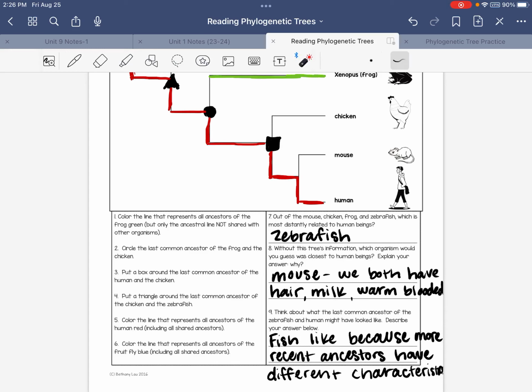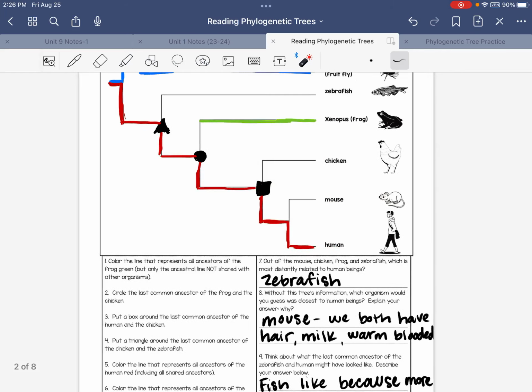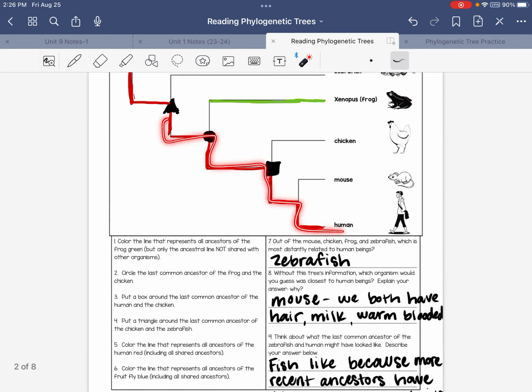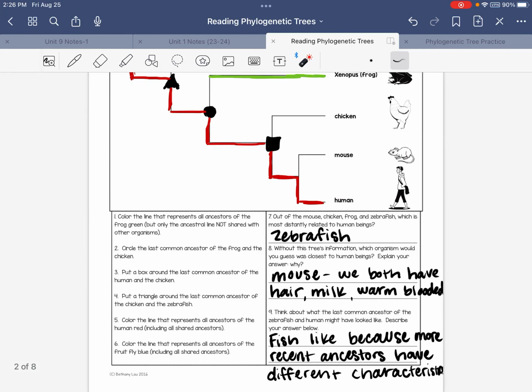Right? So we can see like this common ancestor with our mouse and our human has evolved different characteristics that are unique to just mice and human. Or same with this common ancestor has developed traits that are unique to the chicken and the mouse and the human. So all of these ancestors all along the way have been evolving.